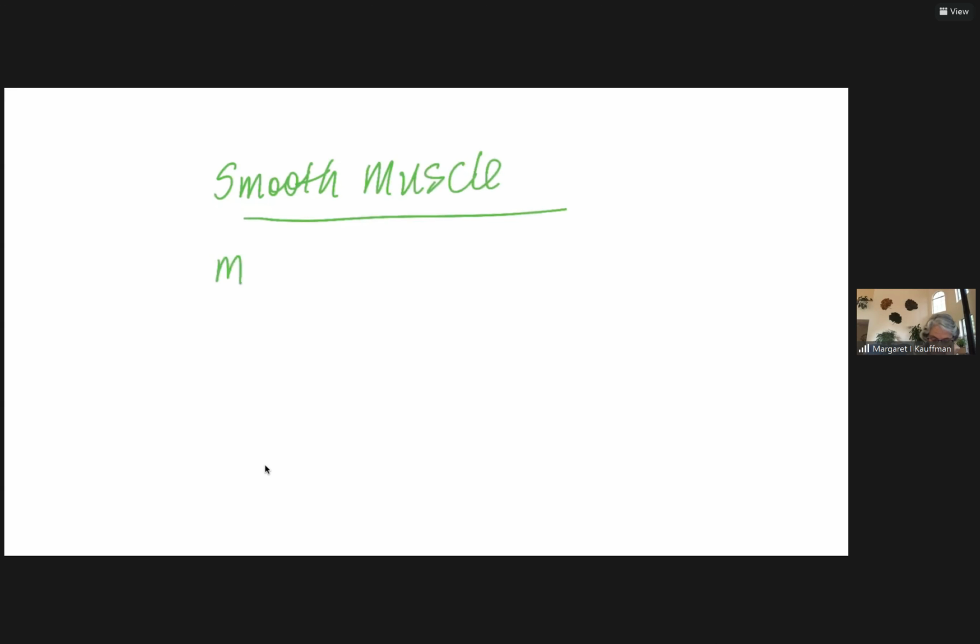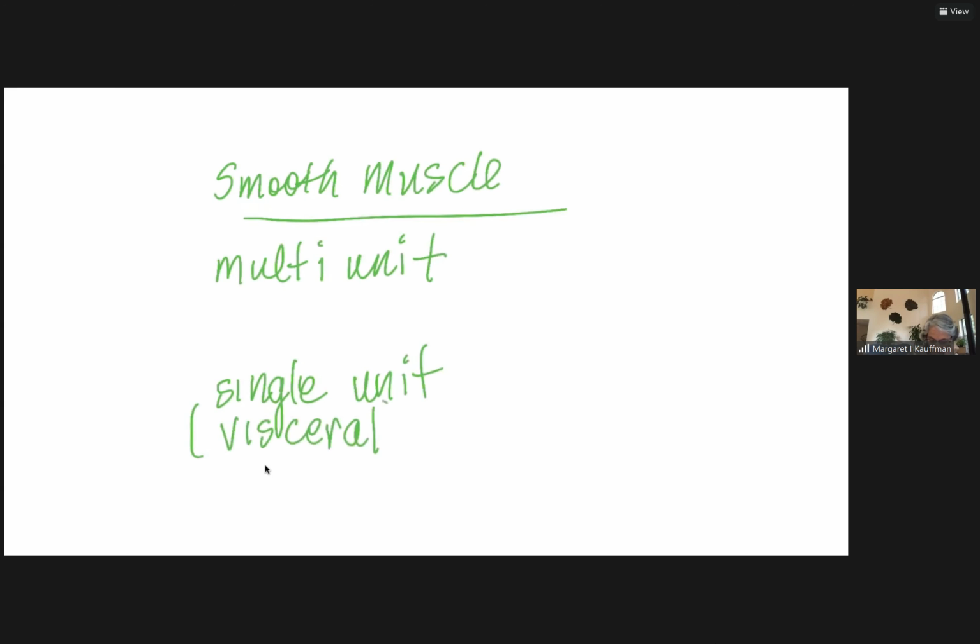One of them is called multi-unit, and the other one is called single unit, or sometimes called visceral, which is telling you where you find them. We're going to deal with both of these subtypes this semester. So again, make sure you go back and review this stuff.